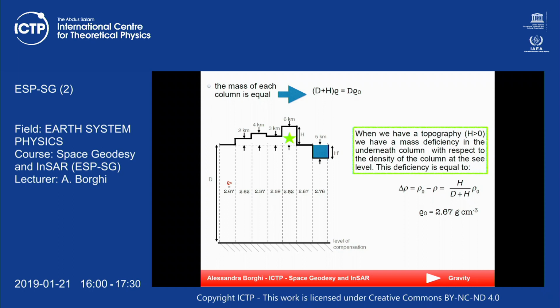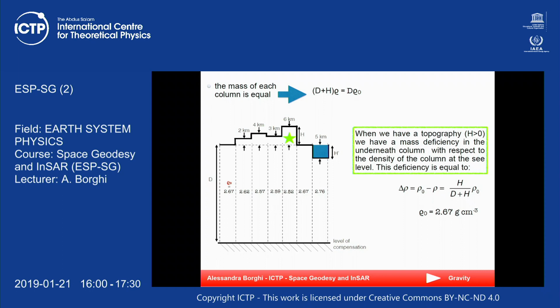So when we have a topography, it means that the altitude is greater than 0. We have a mass deficiency beneath the column.